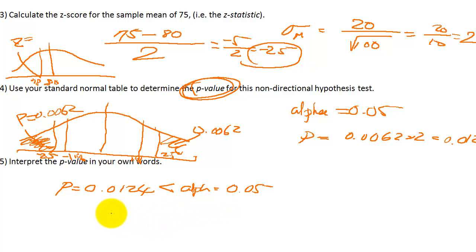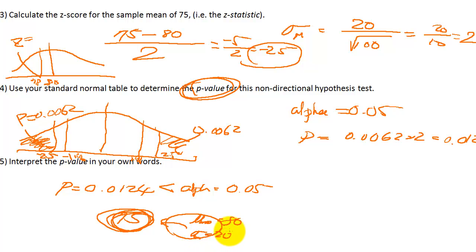In other words, getting 75 out of a population of mean 80 and standard deviation of 20, the possibility is too low, so we reject the null hypothesis.